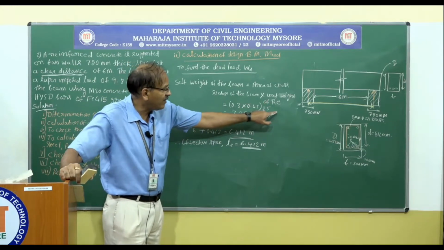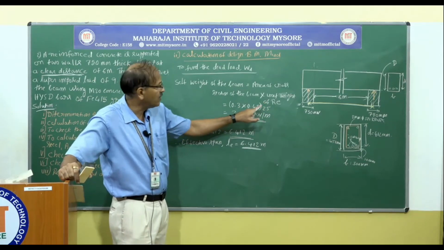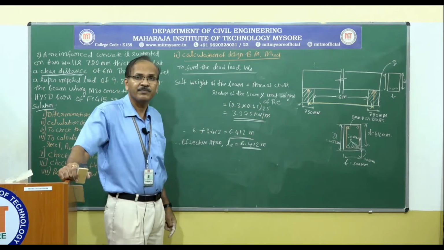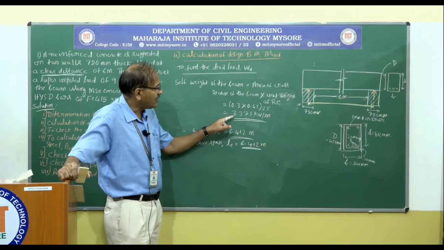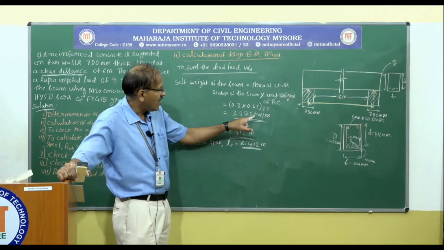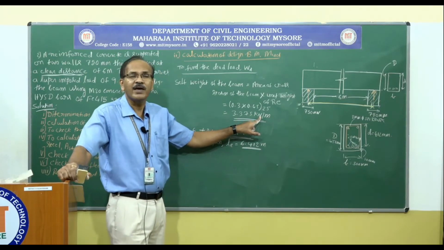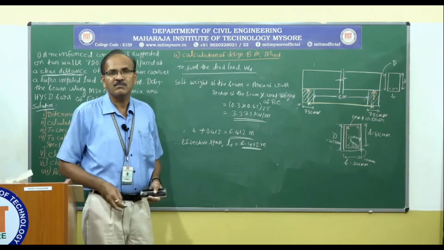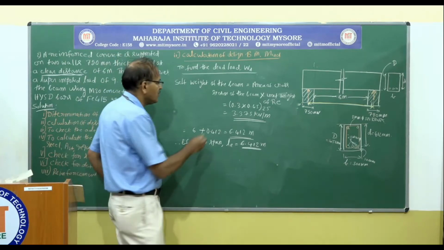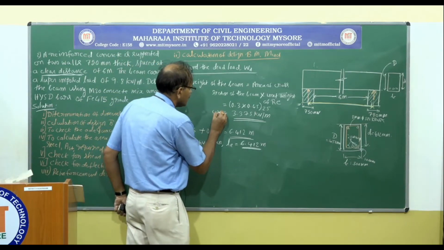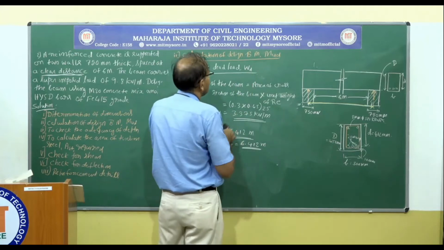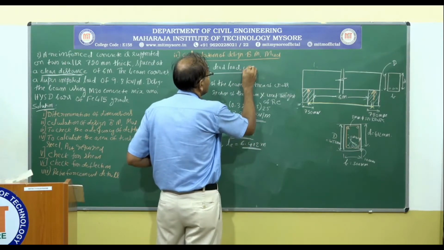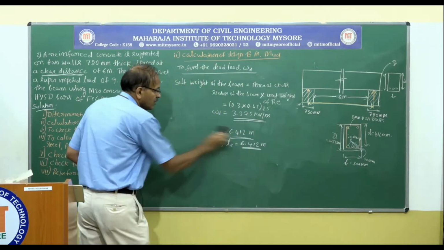When we are putting the value in terms of kilonewton per meter cube, these two values should be in meters. Okay. And the self weight of the beam is 3.375 kilonewton per meter. So I call this as WD, not capital WD, it should be small wd.